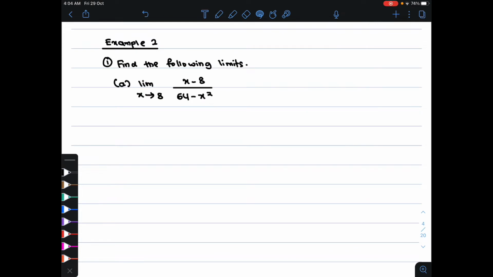Example 2, question 1, find the following limits. This is our f(x). Substitute x equal to 8 into f(x), and you'll get 8 minus 8 divided by 64 minus 8 squared, which is equal to 0 divided by 0. The moment you get 0 divided by 0, you know that this is case 2.